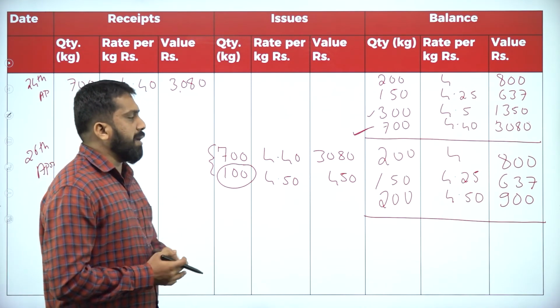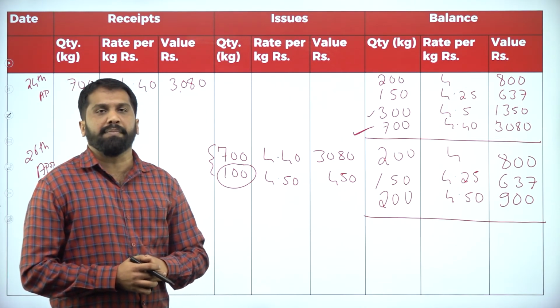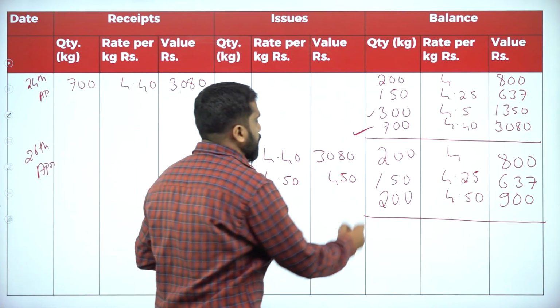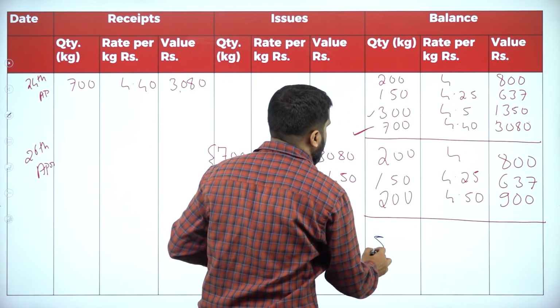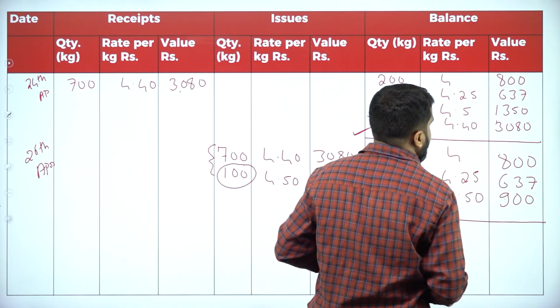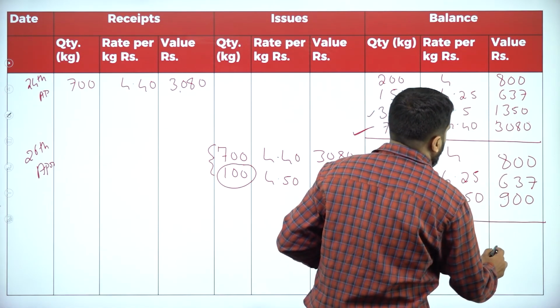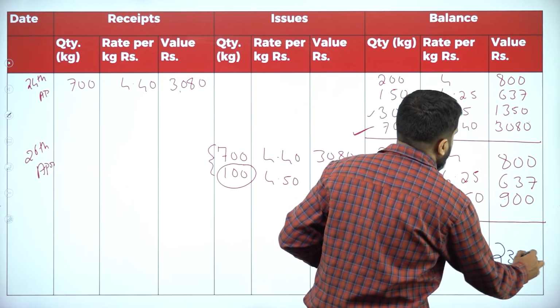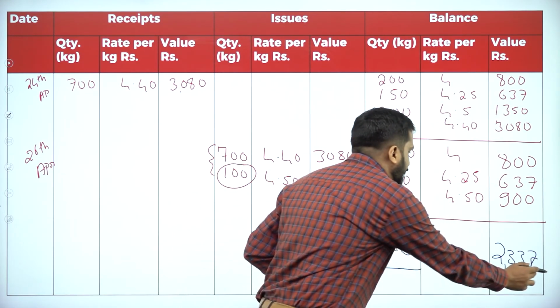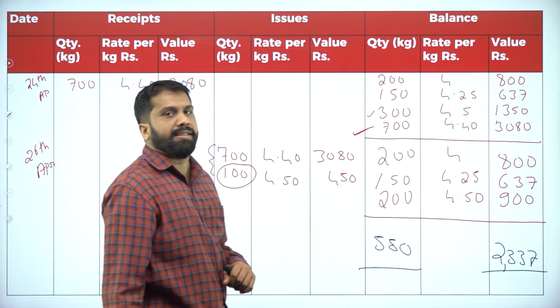So this is all about your LIFO method. Now what is the value? The total you have is 550 units, and the value is 2337.